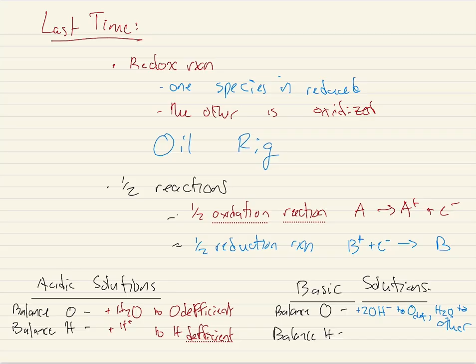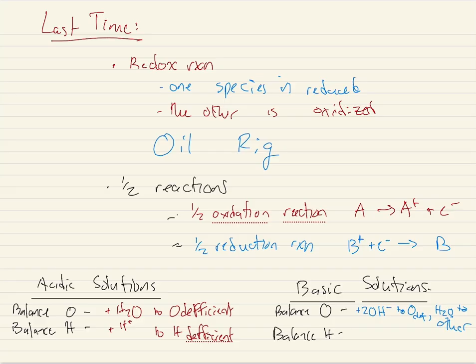All right, so the nice thing about balancing half reactions compared to normal chemical reactions is there is a formulaic way to go about it, right? Normal balanced chemical equations are a little bit of an art. After enough experience doing it, you see how you should start balancing certain things first, but there's no universal method for balancing all equations.